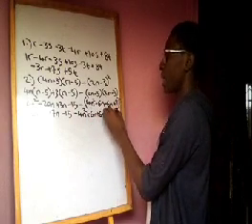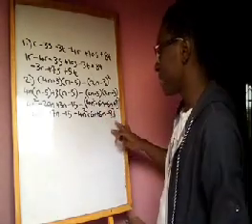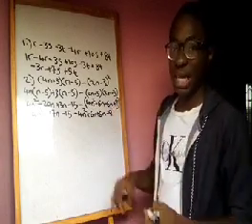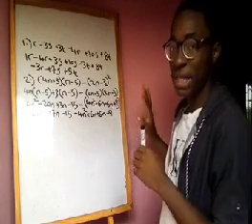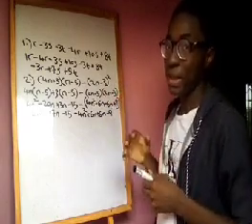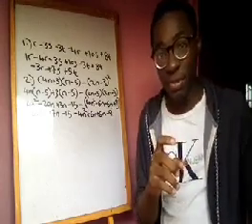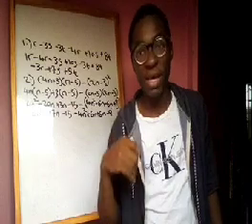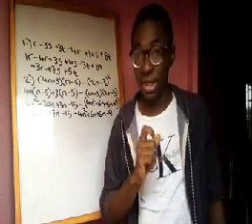Then the last one will change to minus 9. So it basically reverses the sign of every term in a bracket. But that is just for minus only. When it is plus, it won't change any sign. But minus always changes the sign of every term in your bracket. So next time you are working mathematics and you are opening your bracket with a multiplication of a negative number, always know that your signs will be changed.